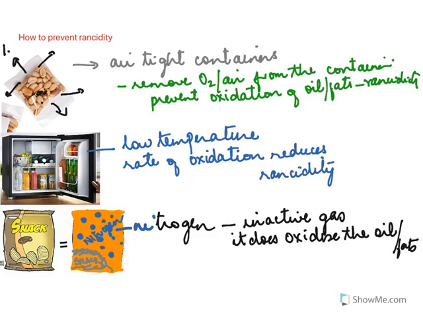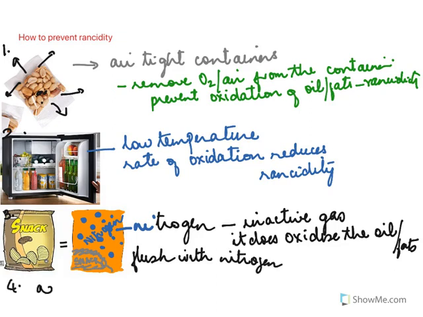So we have point 1, to keep in an airtight container to remove all the oxygen and air. This prevents oxidation. Then 2, keep it at a low temperature, so the rate of oxidation reduces. 3, flush with nitrogen gas.